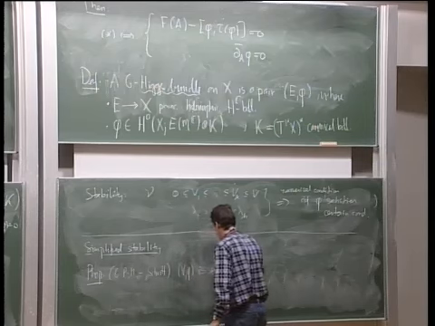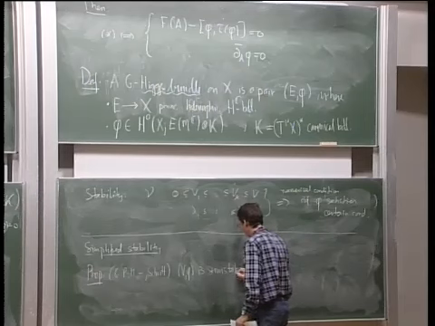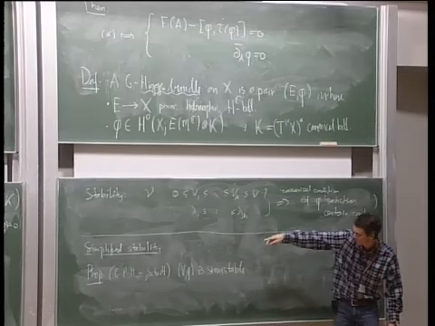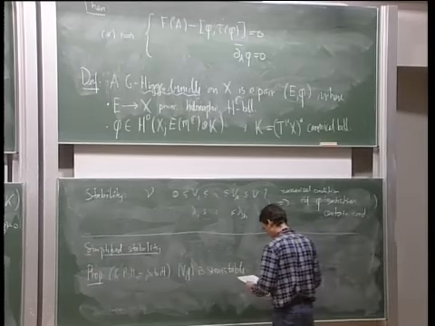So V, phi is semi-stable. I'm going to write the result for semi-stability. Okay, there's analogous results for polystability and stability.